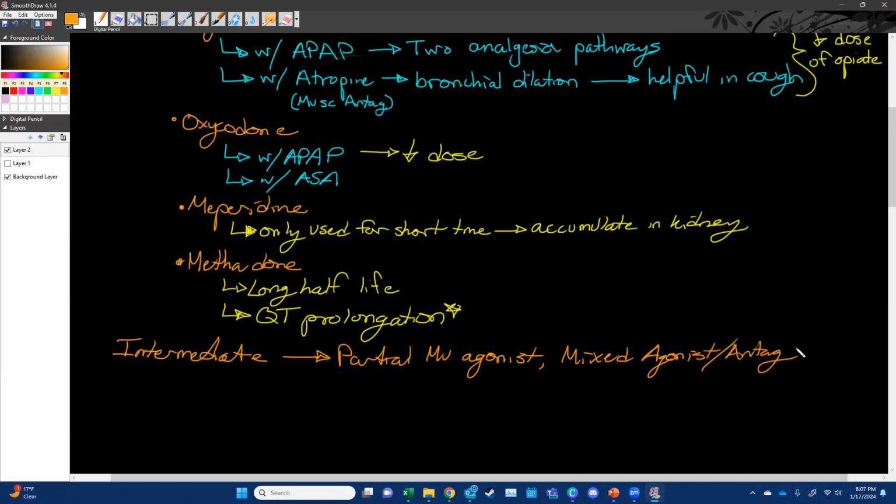And really, that's what's going to cause you to be a bad drug. So let's take a look at the first one, which would be buprenorphine.